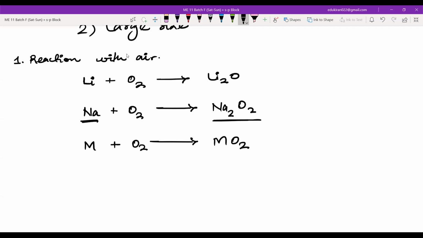For sodium, what will be the oxidation state of sodium in Na2O2?